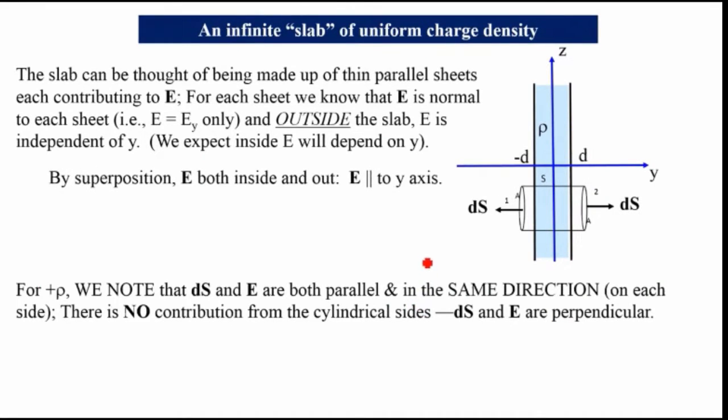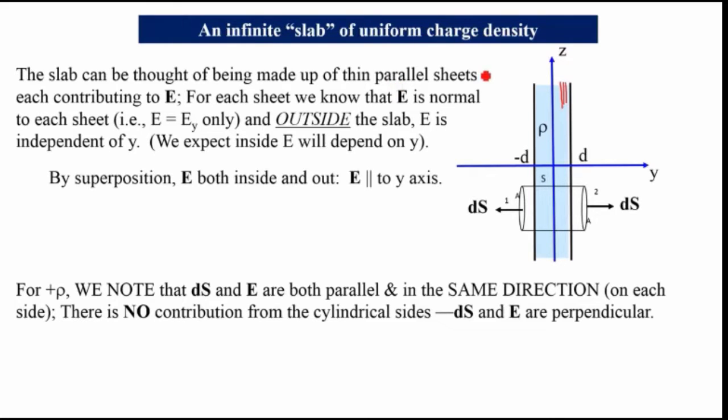We can think of this sheet as we did before as a charge sheet, except let's say you have a bunch of them in parallel like this. The only reason I introduced that is we want to use the same symmetry arguments that we did before.